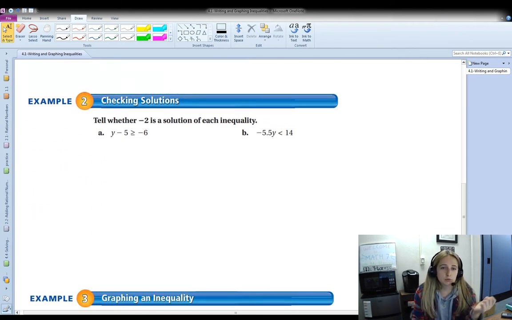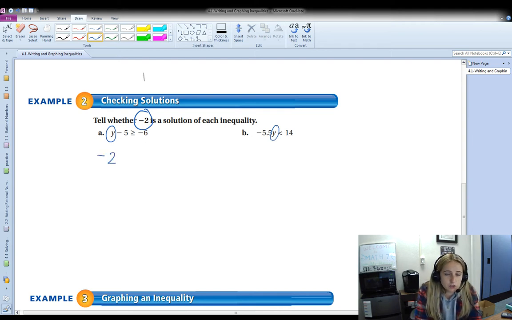So example 2, checking solutions. When we check a solution, we're doing just what we did in chapter 3, which is essentially checking our work. So tell whether -2 is a solution of each inequality. To do that, you literally just plug in -2 to the variable. So I'm going to plug in -2 here and here, okay? So I'm going to write -2 rather than the y. -5 is greater than or equal to -6.